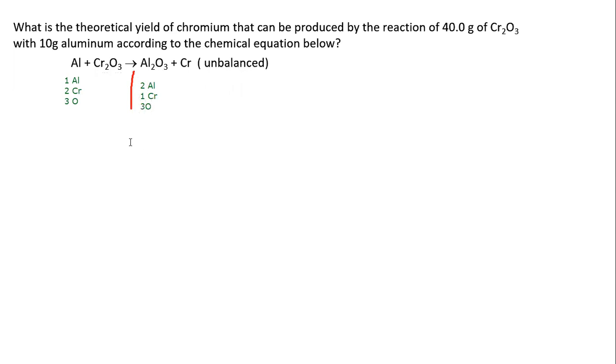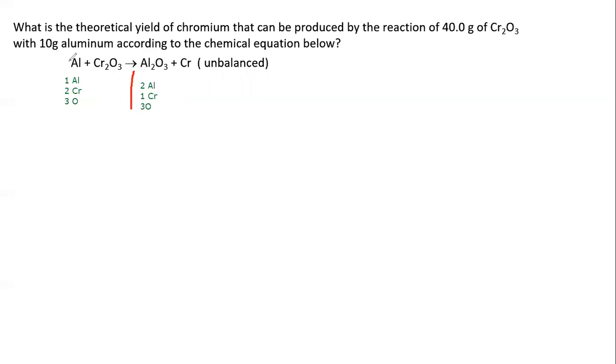So you notice here that the chromium and aluminum are not balanced. On the product side, we have 2 aluminum. On the reactant side, we have 1 aluminum. On the reactant side, we have 2 chromium. On the product side, we have 1 chromium. And you'll notice that both aluminum and chromium are by themselves. So this is a very straightforward one to balance.